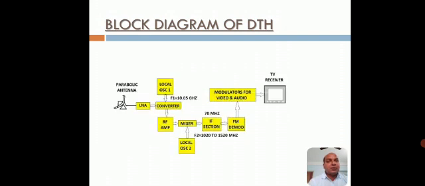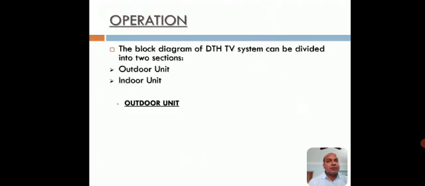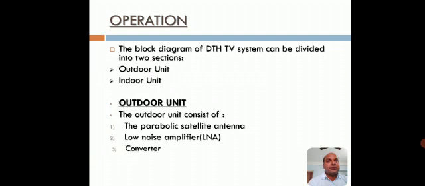This is a block diagram of DTH, showing how it works. How the DTH operation commences. It has two types of unit, outdoor unit and indoor unit.